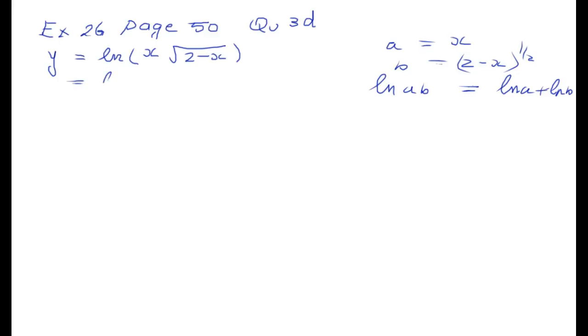So let's have a look. We're going to write that as natural log of x plus natural log of 2 minus x to the half rather than using the third format. And because I can, that power half, I'm just going to rub it out and put it out the front, because that is a second log law, that when you've got a natural log of something, the power comes in the front.